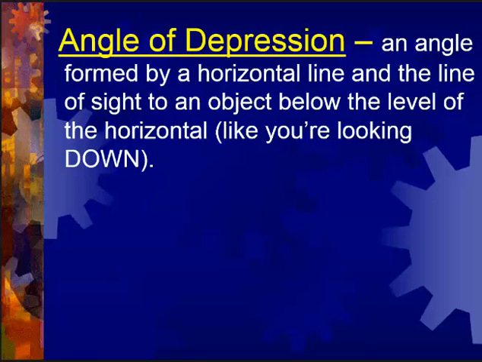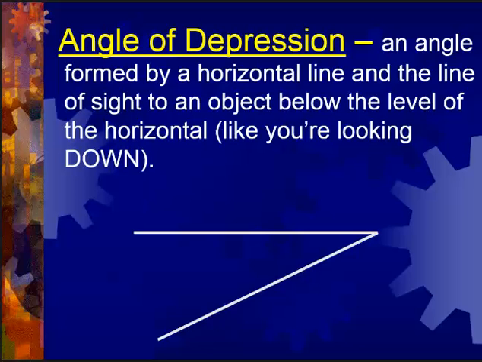An angle formed by a horizontal line and the line of sight to an object below the level of the horizontal. So again, it's like you're looking down. So here's your horizontal line. If you're looking down, the angle that is created there is your angle of depression.